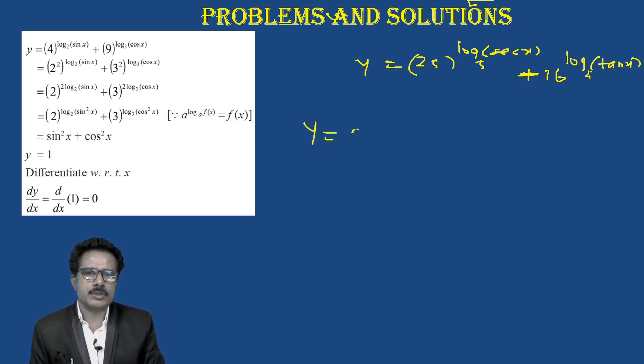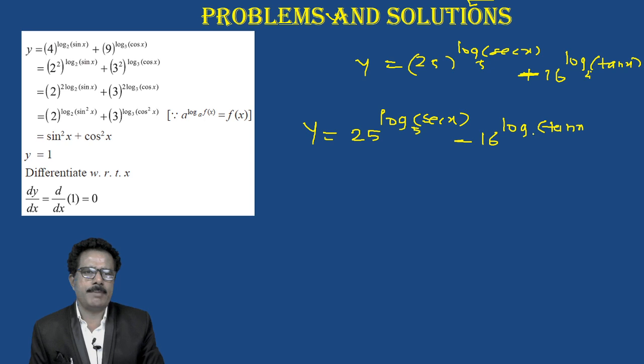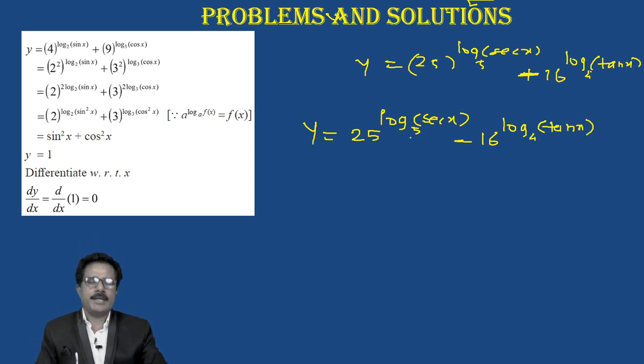Y is equal to 25 raised to log of sec x to the base 5 minus 16 raised to log of tan x to the base 4. Now actually here the base of the log is 5 and the base of this exponential term is 25.